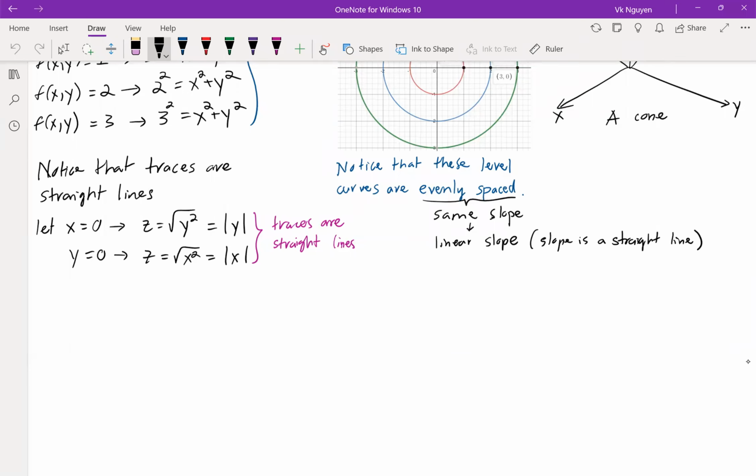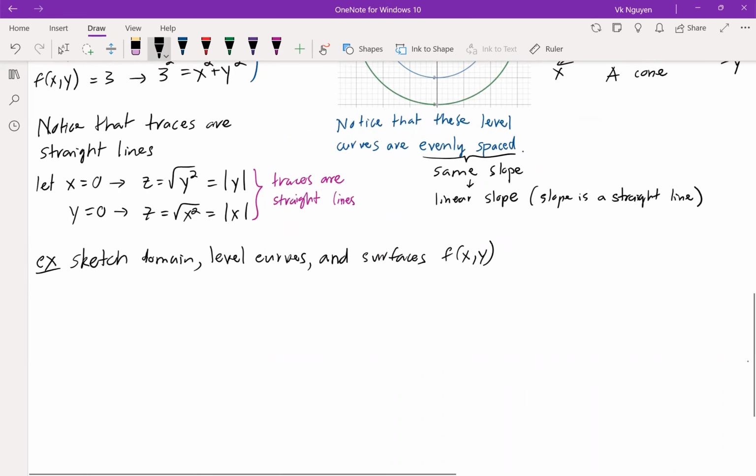So here comes another example. Sketch the domain, level curves, and surface of f(x, y).